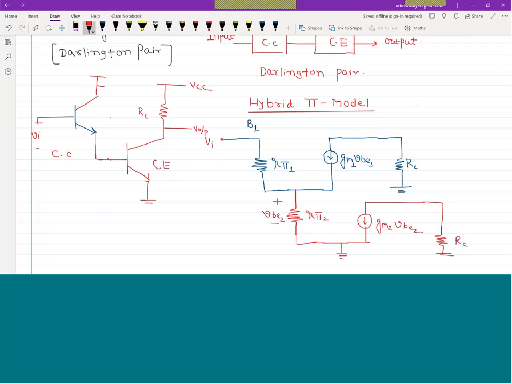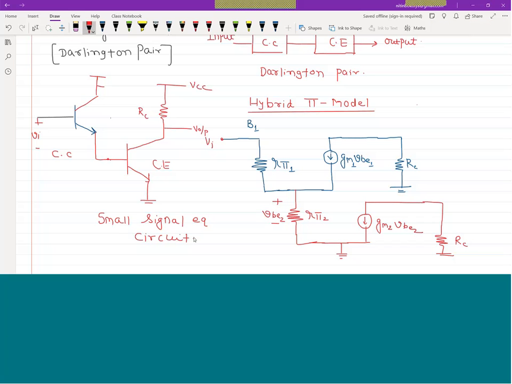And this is a small signal equivalent of the circuit.